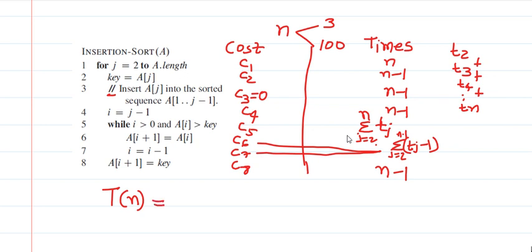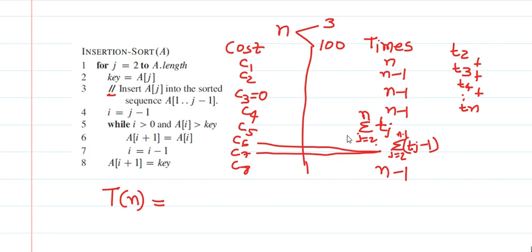So now from this we can write down the generalized equation of time taken by this particular algorithm. We need to find out the total cost required by each line.